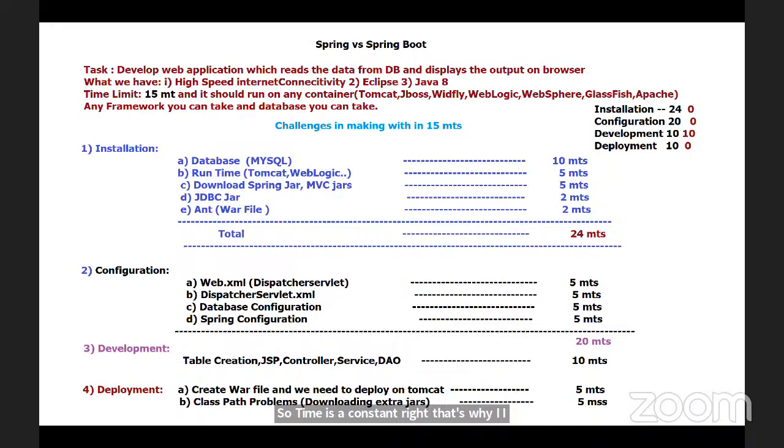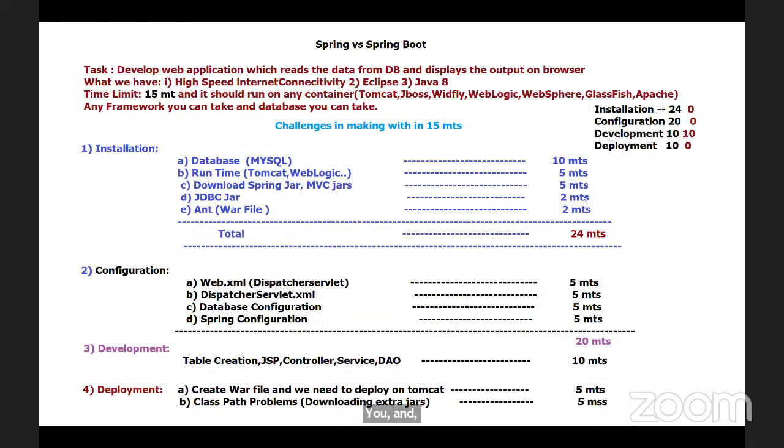The time limit is 15 minutes, and the expectation is not that the customer says take WebLogic only, or take IAS only, or take Apache only. No, no. Sir, I will write a code and you run it anywhere.